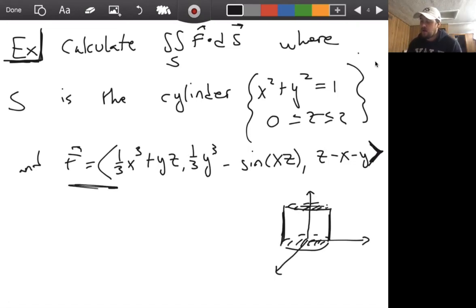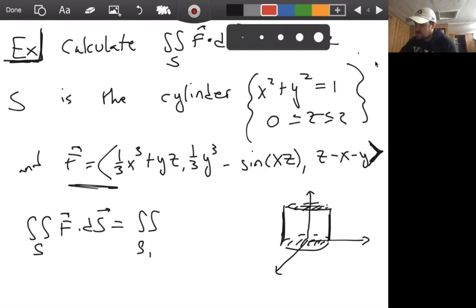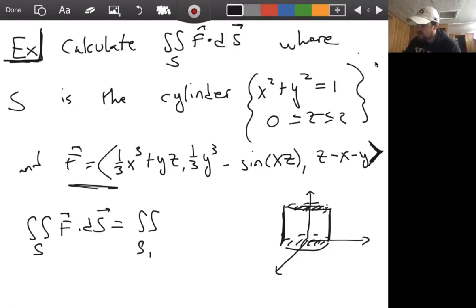This would be complicated to do without the divergence theorem, because this is piecewise smooth. You would have to calculate F dot dS by breaking this up, because there are 3 pieces of your surface: the top, the bottom, and the shell that goes around.